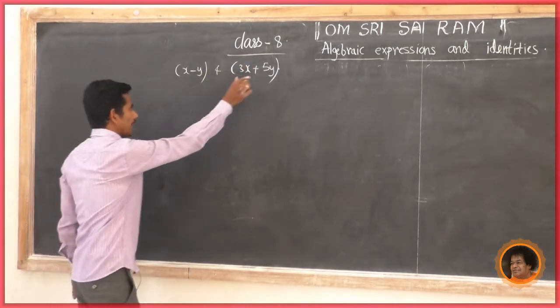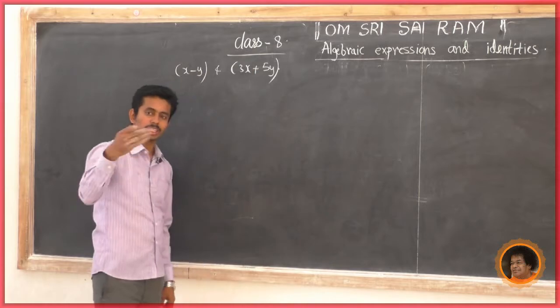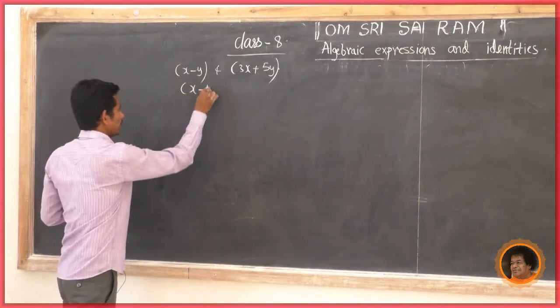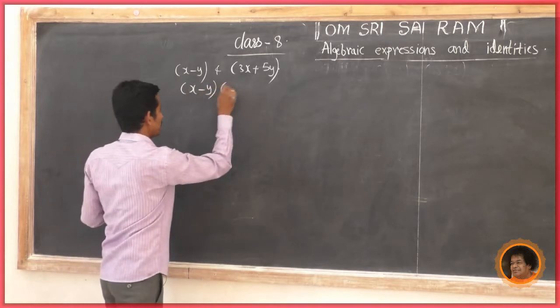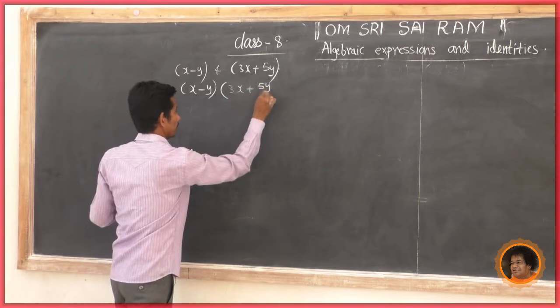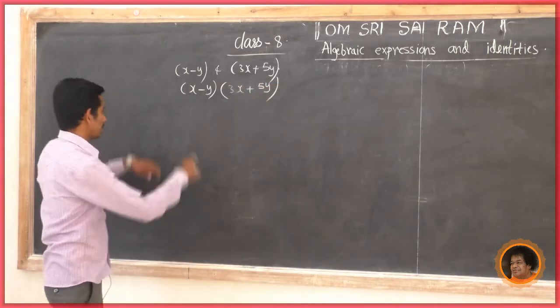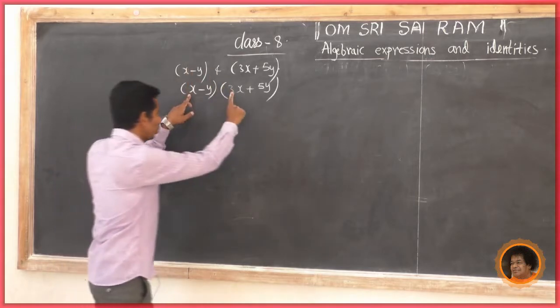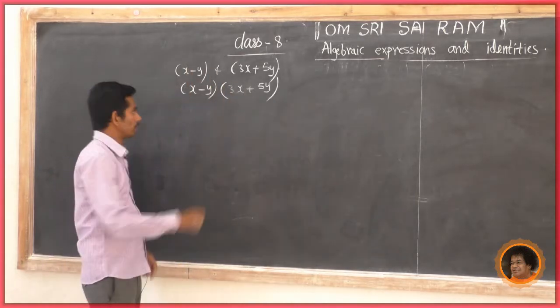x minus y and 3x plus 5y both are binomials. So x minus y into, multiply means into, 3x plus 5y. Now multiply the first term of the first binomial into the second binomial.